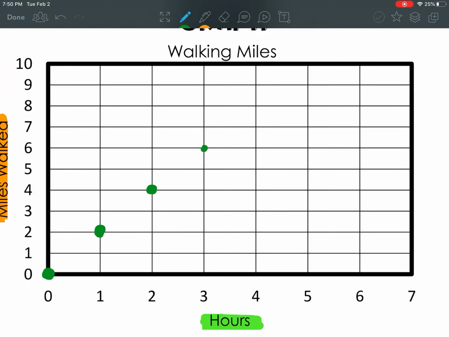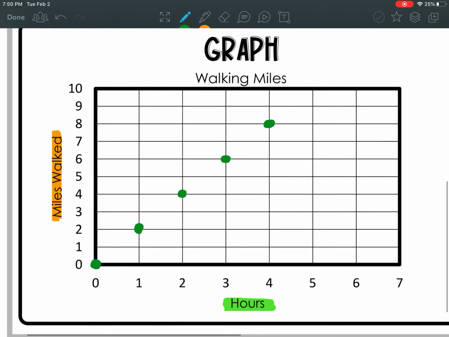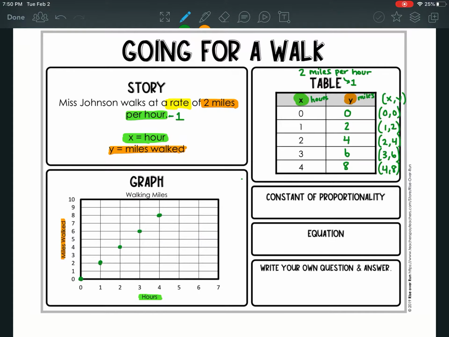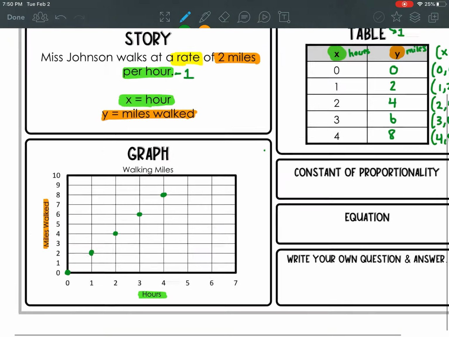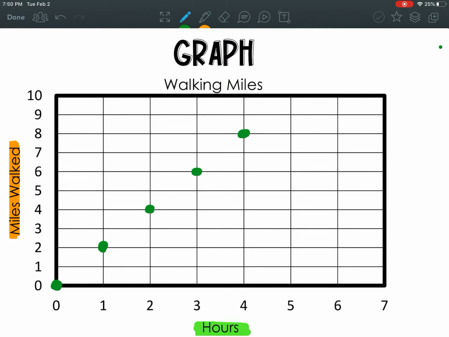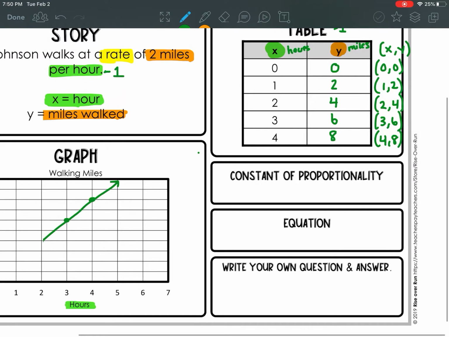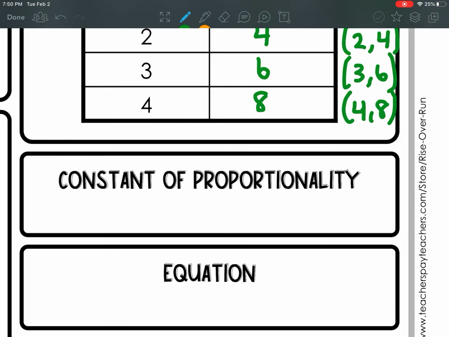We've walked 2 miles. 2 hours, we've walked 4 miles. 3 hours, we've walked 6 miles. 4 hours, we've walked 8 miles. So there are those 5 ordered pairs that I wrote over to the right in that table box. Once we get those drawn, well, then we can connect those points and create a line. So there it is represented on the graph.